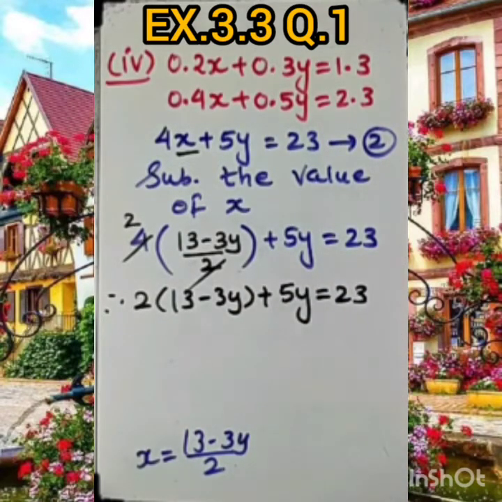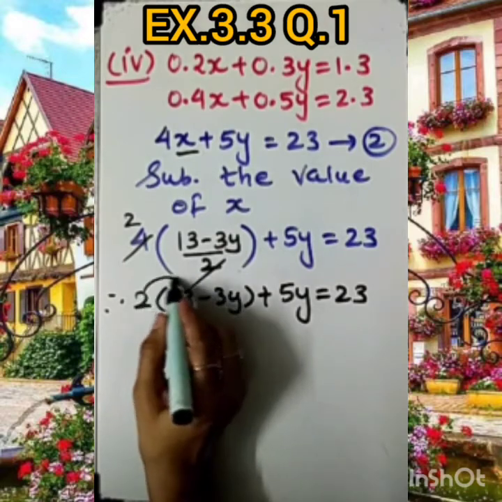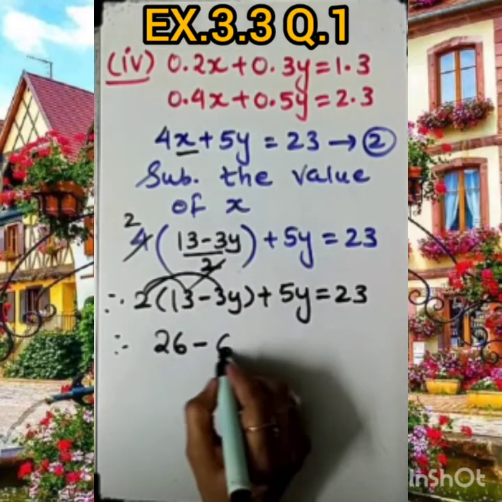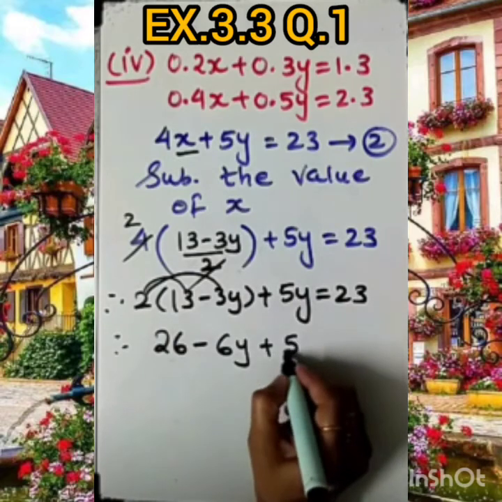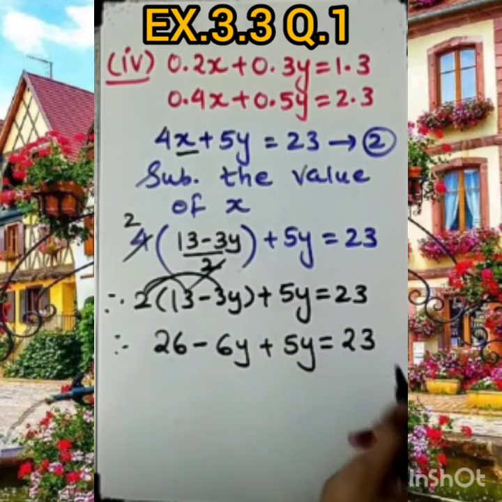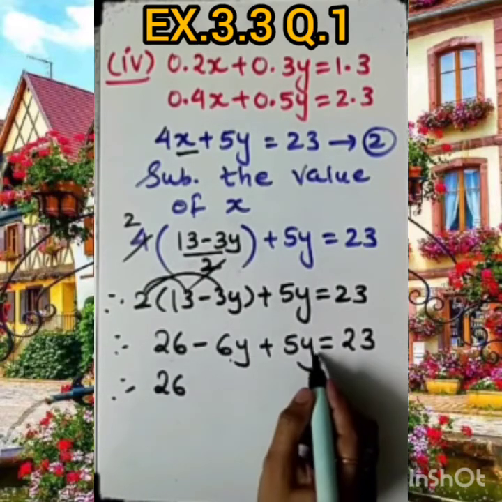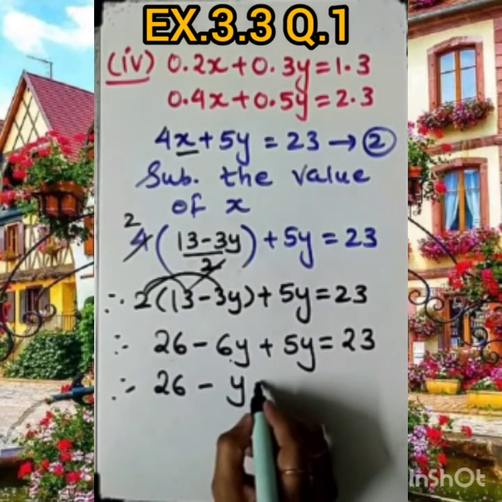How to solve further, you know very well. The product of 13 with 2 gives 26. 2 times 3y is 6y, so minus 6y plus 5y equal to 23. Here minus 6y plus 5y is minus y.